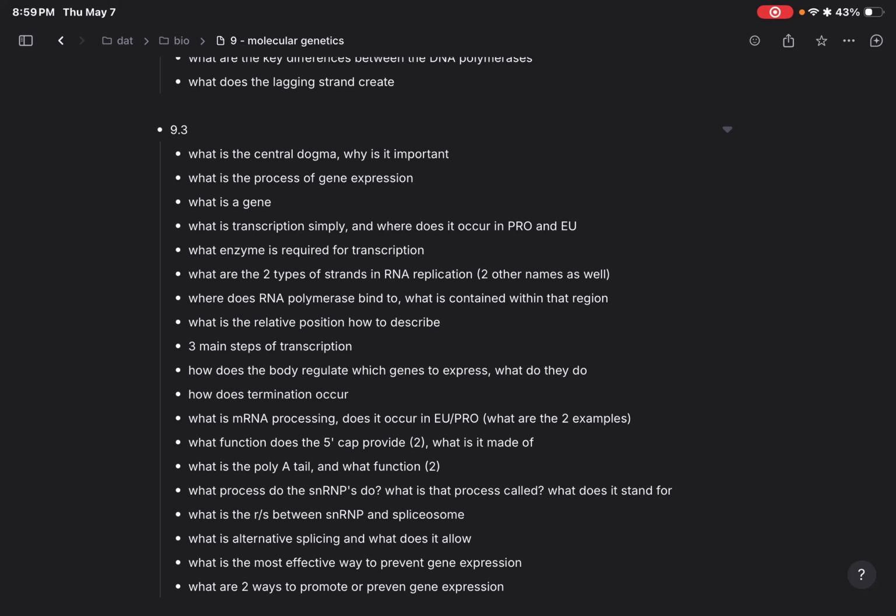How does the body regulate which genes to express? They use transcription factors. This is in eukaryotes. Prokaryotes will use sigma factors. Transcription factors can either enhance or inhibit RNA polymerase from attaching. I don't really know what else to say about that.